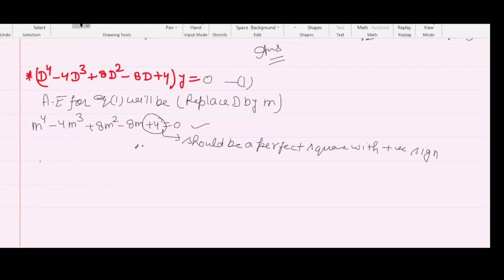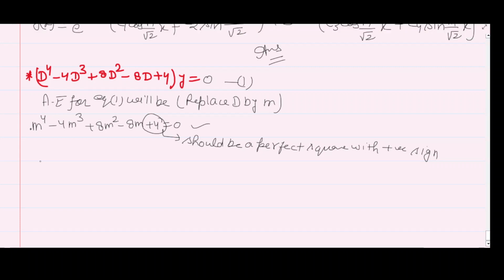Now the second thing is the coefficient of m to the power 4, that is 1, or any other number, that also should be a perfect square with a positive sign.